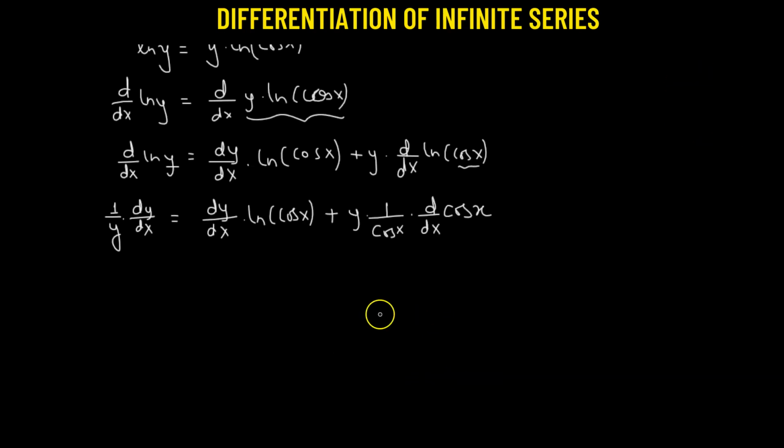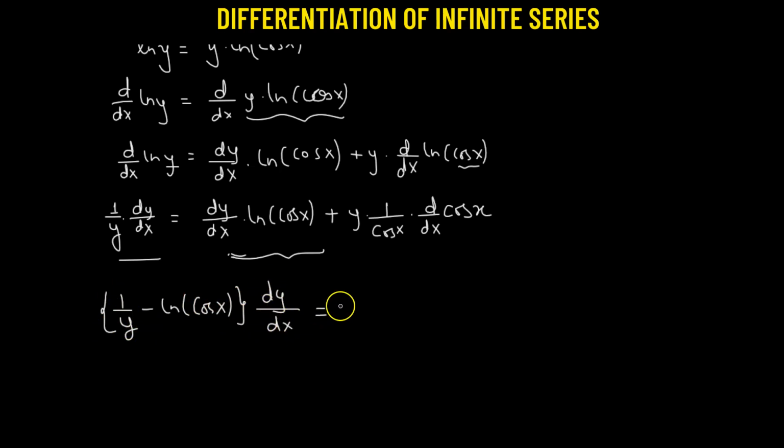Fine. Now we'll transpose the first term on the right hand side to the left hand side and combine it with this term, and this is going to give us 1 over y minus log of cosine of x. This gets multiplied by the derivative of y with respect to x, equal to y multiplied by 1 over cosine of x times the derivative of the cosine function, which is negative sine x.